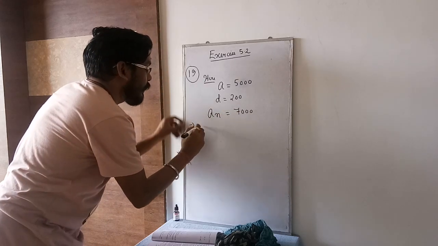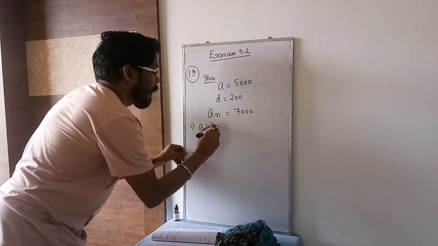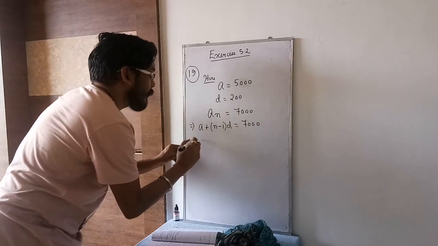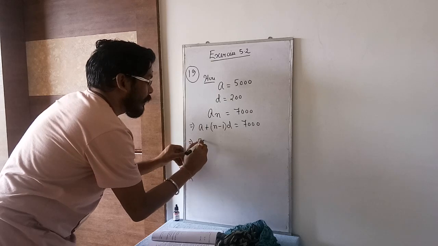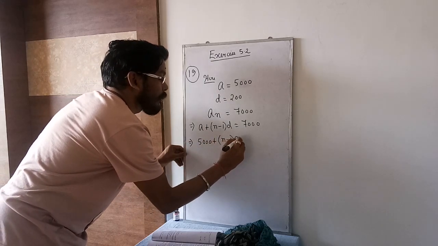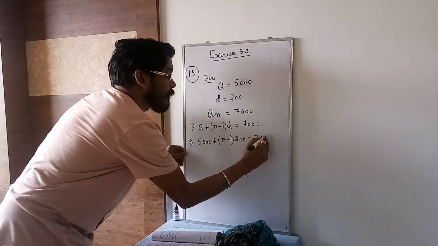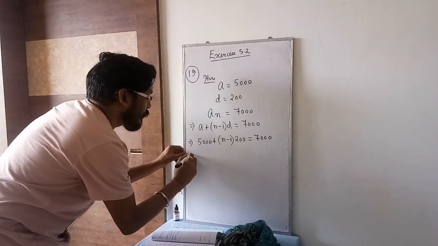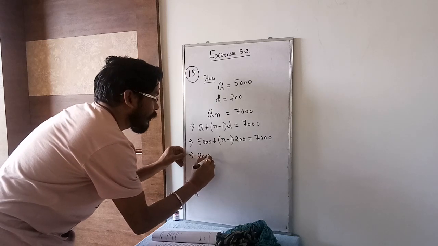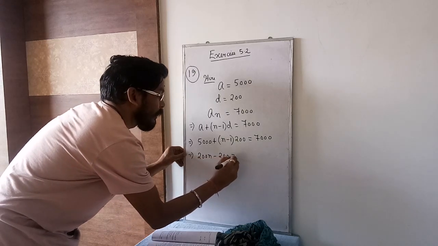Now you will use the formula. AN formula is A plus n minus 1 into D equals 7,000. Your A is 5,000, n is not given, D is 200. So 7,000, and 5,000 will go on the other side. Multiplying, 200n minus 200.